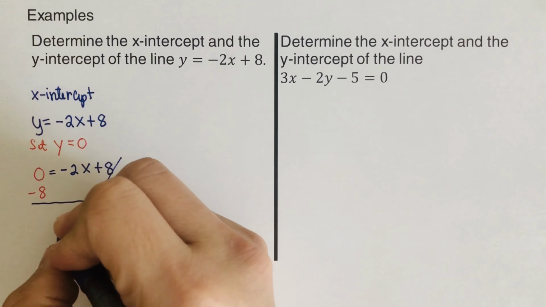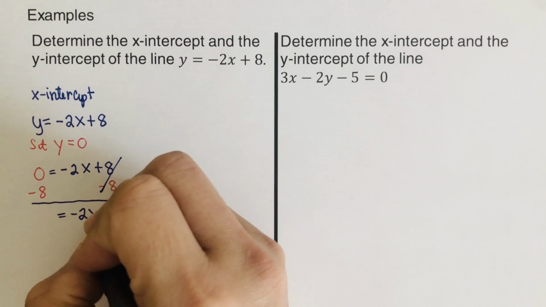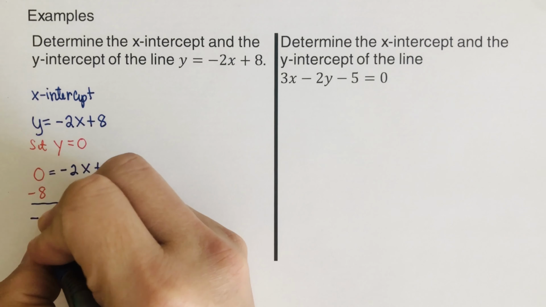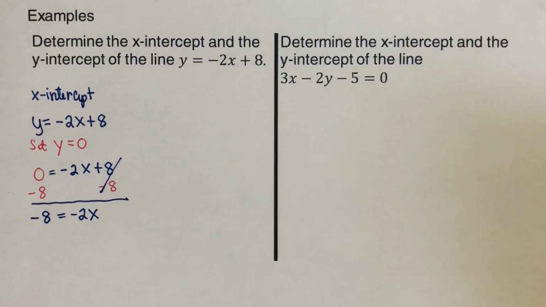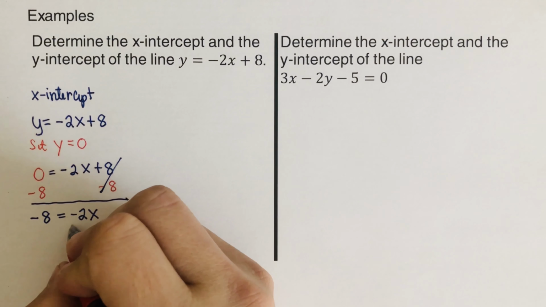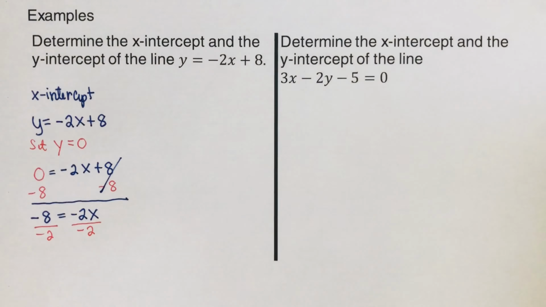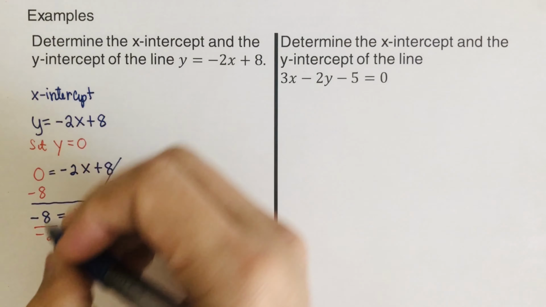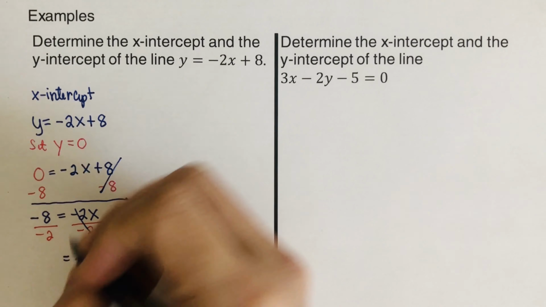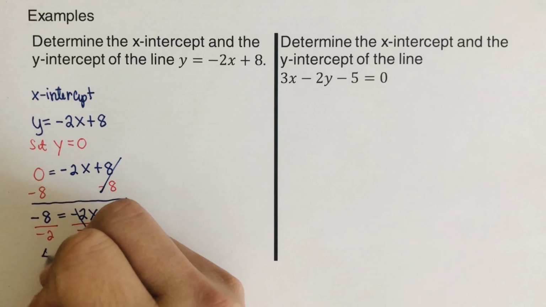We have -2x is equal to -8. Because we want to solve for x, we divide both sides by -2, so we can cross the -2 out. We're left with x is equal to 4.